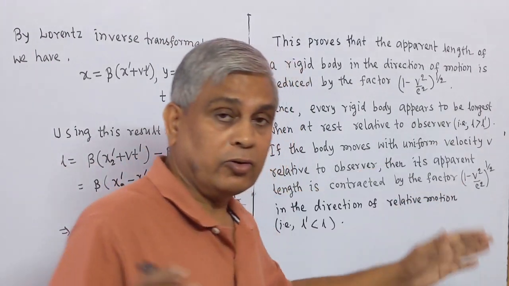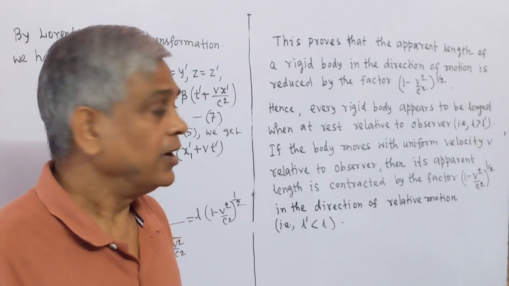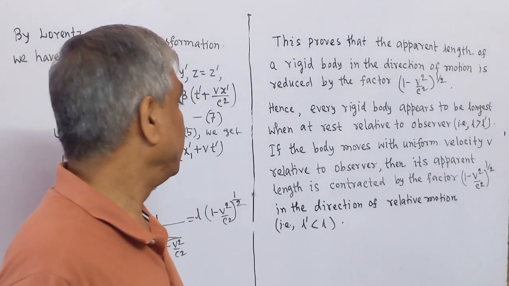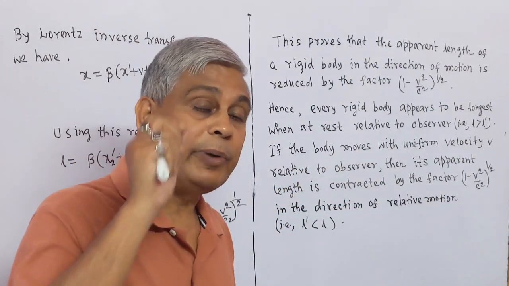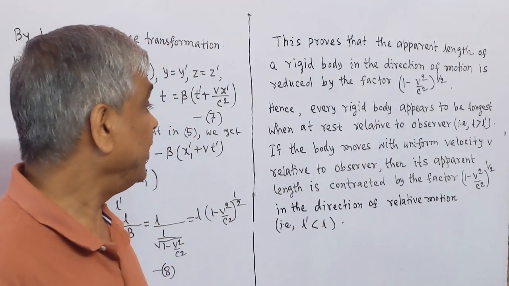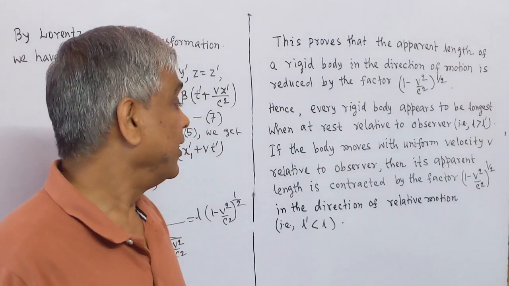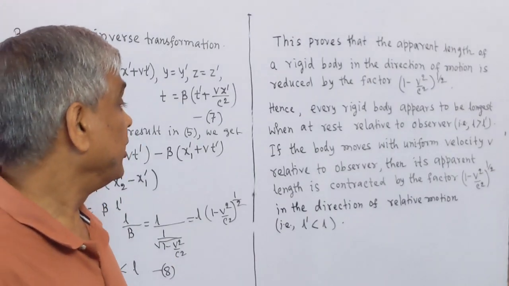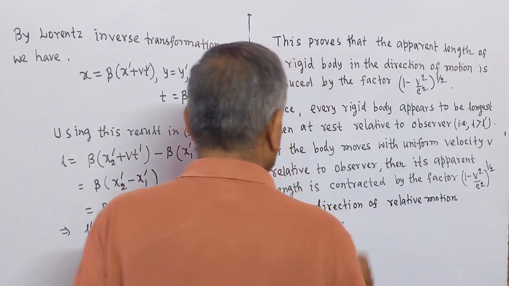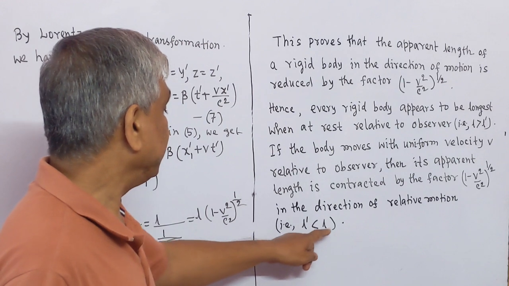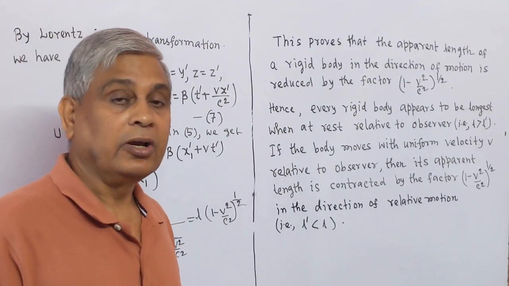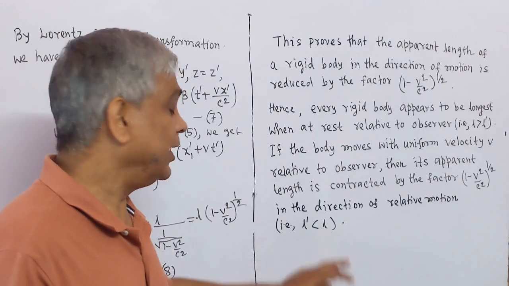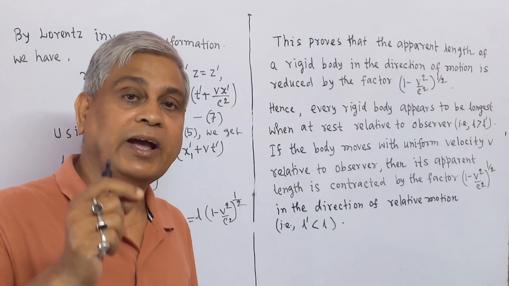L be the length of the rod when it is at rest, and L prime be the length of the rod when it is in uniform velocity v.